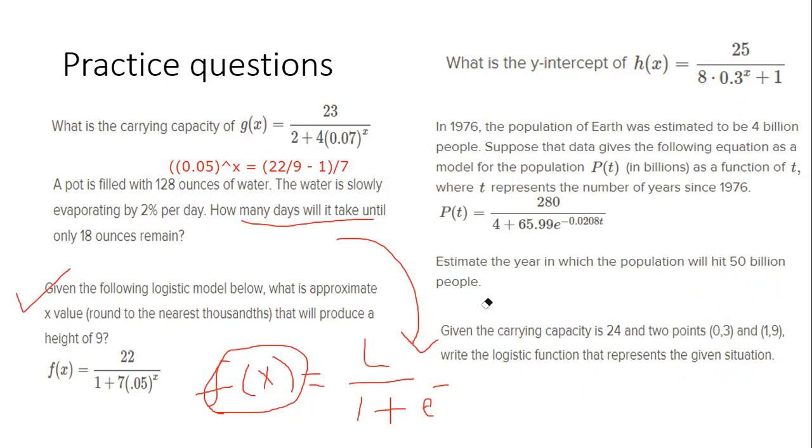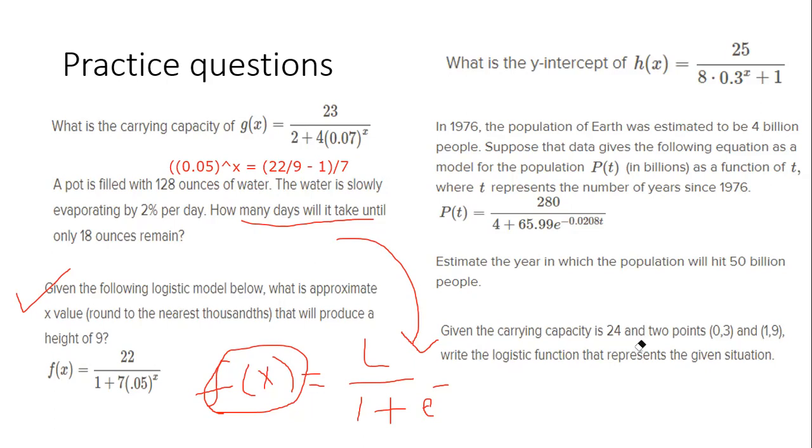Given the carrying capacity is 24 and 2 points, write the logistic function that represents the given situation. Yeah, so how will you solve it? L is the value 24. What is x naught? 12.